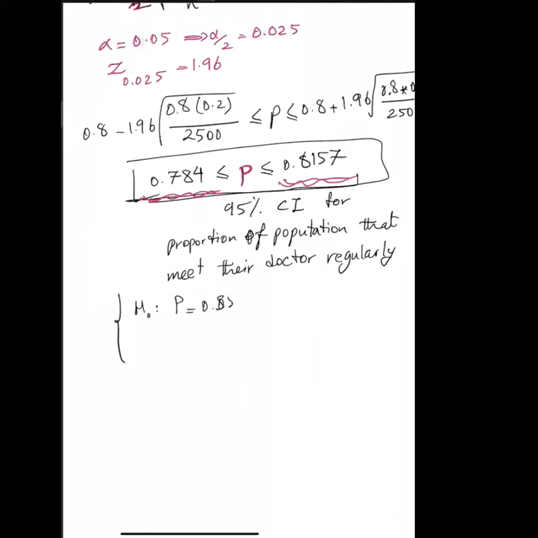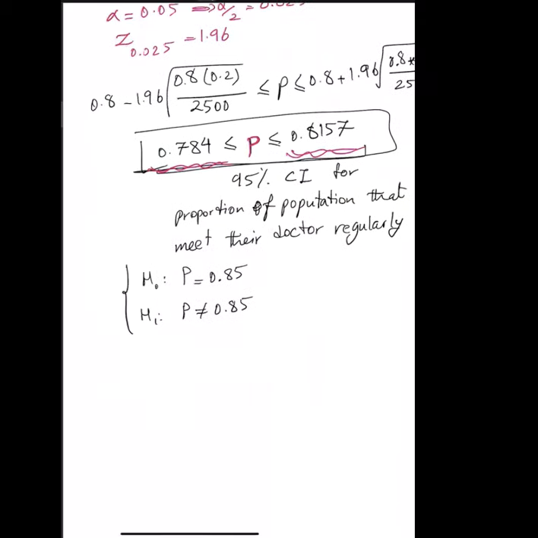I'm sorry, the alternative is that P is not 0.85. So basically I claim that 85% of people in the US population meet their doctor regularly. What would you say about this hypothesis test?